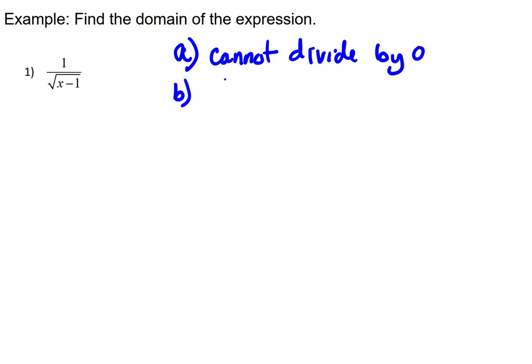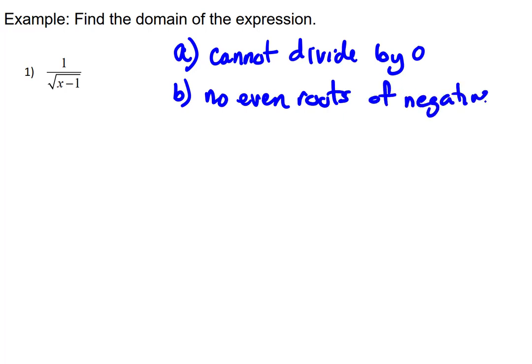And our second part being that we can have no even roots of negatives. And so considering only these two possible problems, we want to make our domain all real numbers except any which would cause these. Let's take a look at them one at a time.